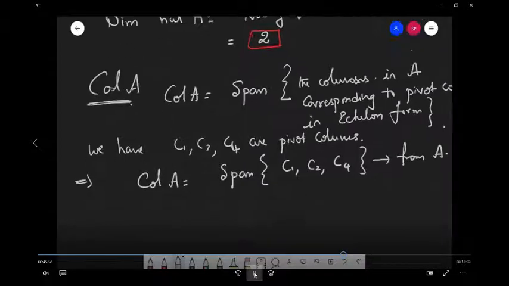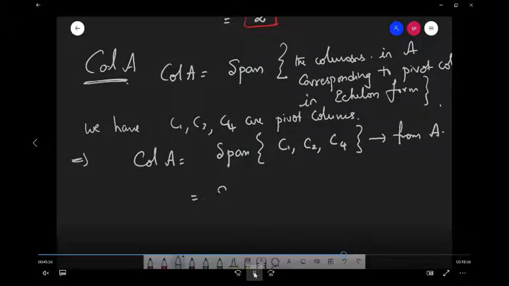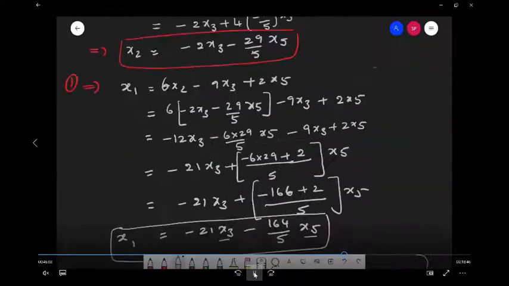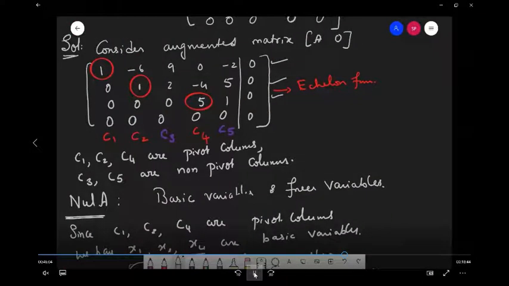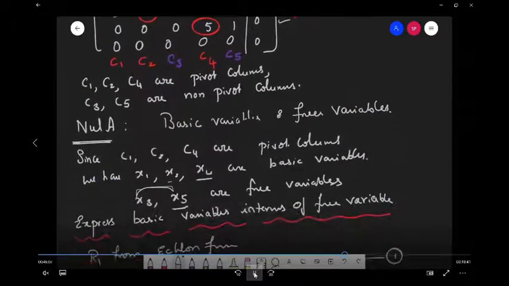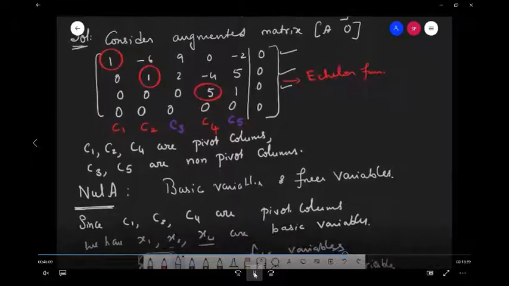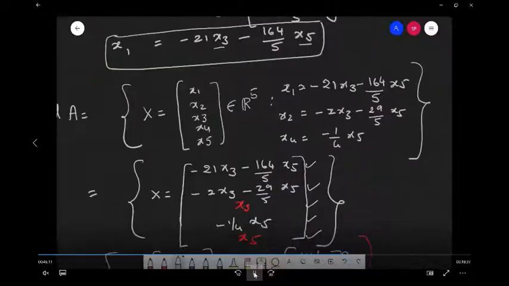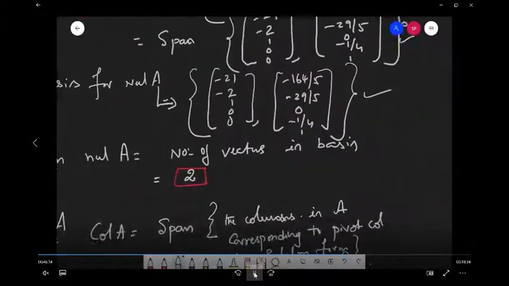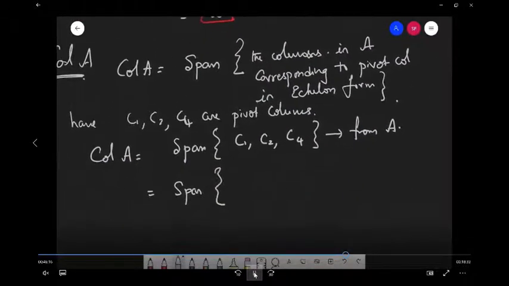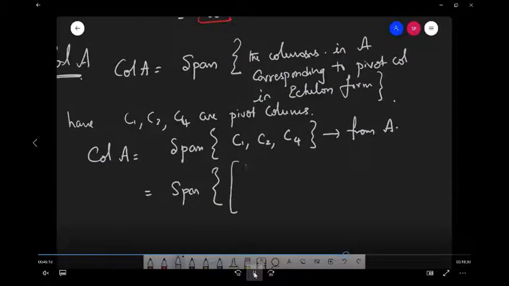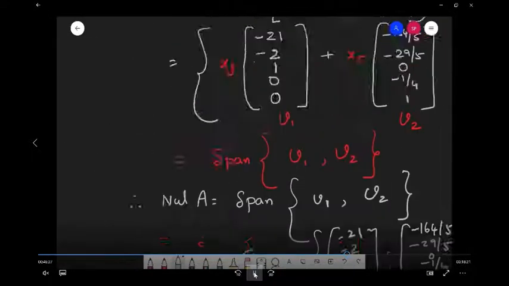In this question, the given matrix itself is in echelon form, so it is the span of, what is the first column? Let me check here. 1 0 0 0. Second column, minus 6 2 0 0. And C4, what is the fourth column in A?